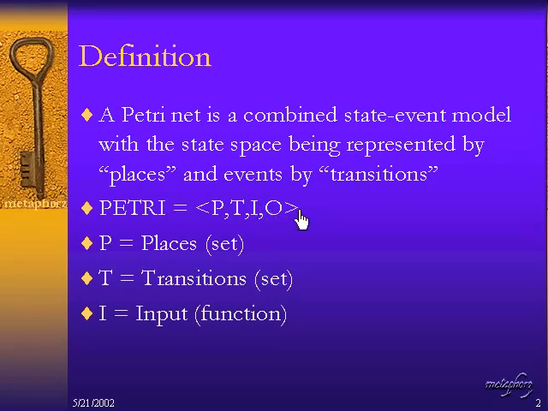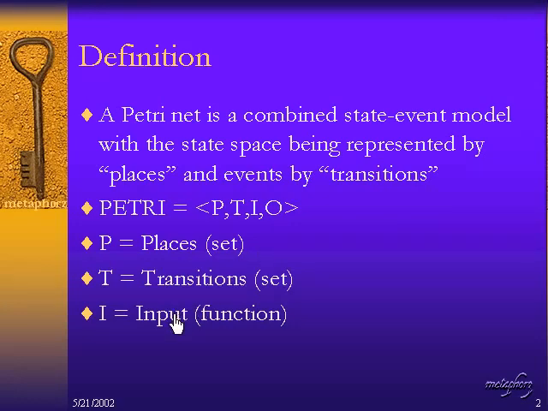If we look at the Petri net formalism itself, the Petri net is equal to a tuple with 4 items within it, 4 components, if you like. P for places, T for transitions, and both P and T are sets.